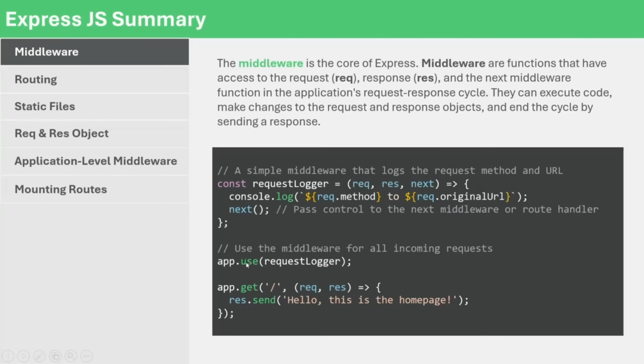Now this use method has two overloads. We will talk about it in a bit. But remember that a middleware is nothing but a function which has access to request and response object and the next function, and which can be used to modify the request and response object in some way and call the next middleware function in the stack.